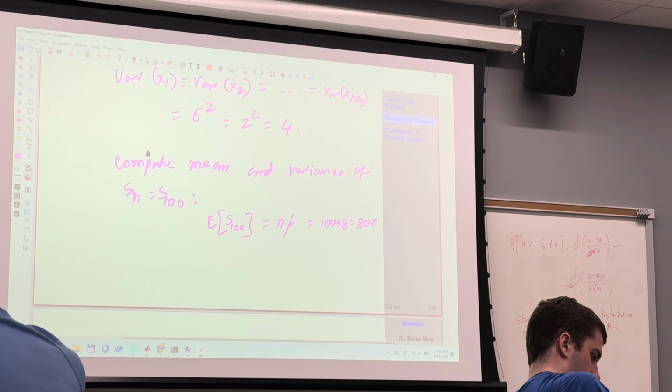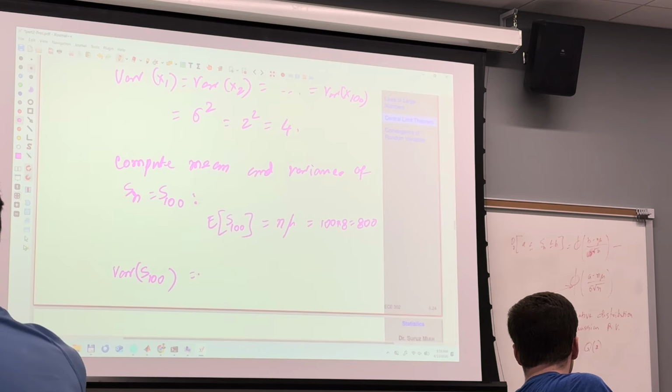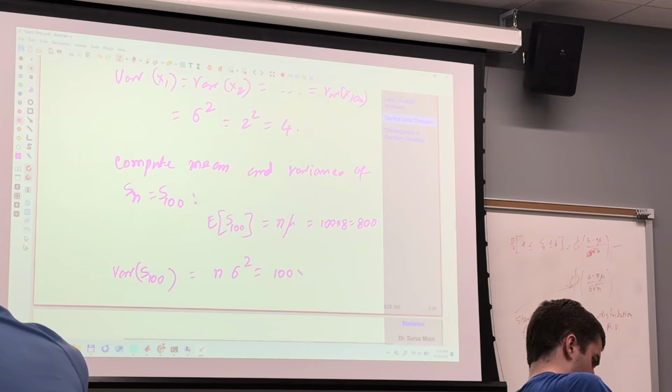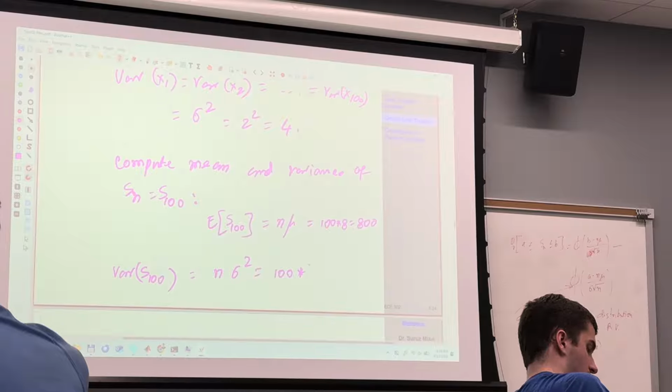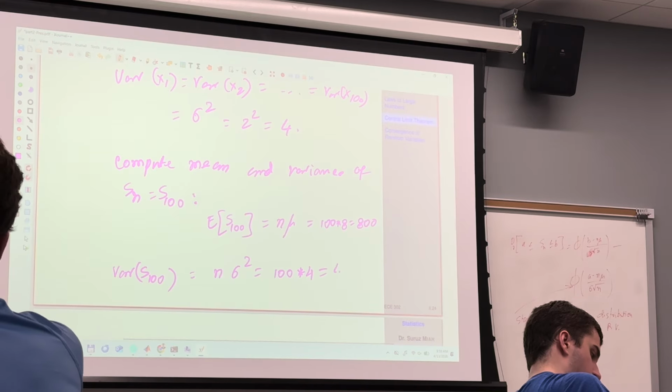The variance of S100 is n sigma squared, which is 100 times 4, equals 400.